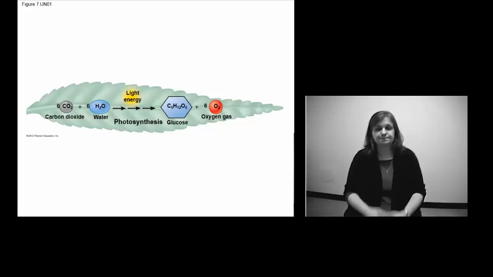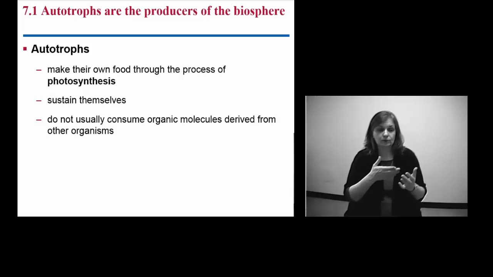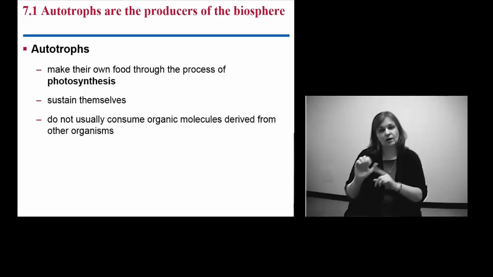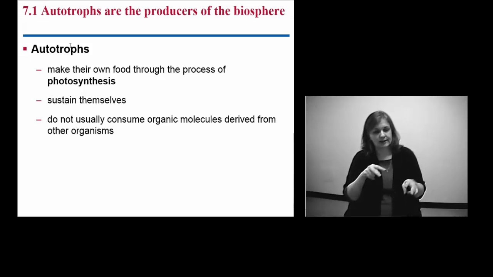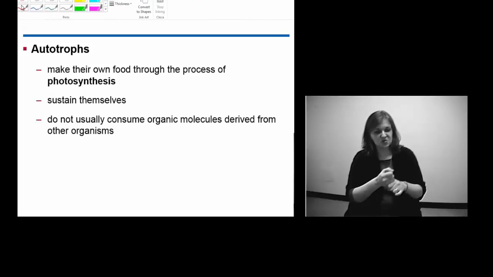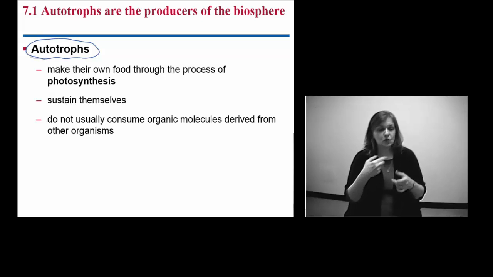Autotrophs are the organisms that will actually make their own food or go through photosynthesis. When we talk about an autotroph, auto we can think of as being self. So when we look at an organism that is able to produce foods for itself through photosynthesis, we look at them as being autotrophs, but we would generally talk about them as being plants.